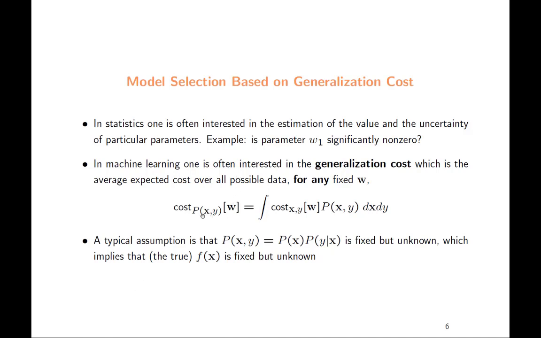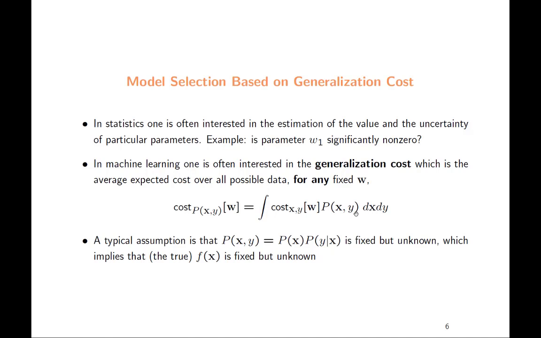We are not just calculating the cost for one data point, but for all data points, which are randomly drawn from this distribution. So it's simply the integral of the cost for a particular data point, integrated over all possible data points, weighted by the probability that this data point occurs.